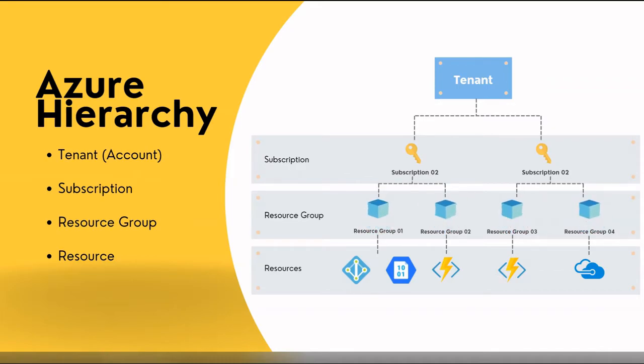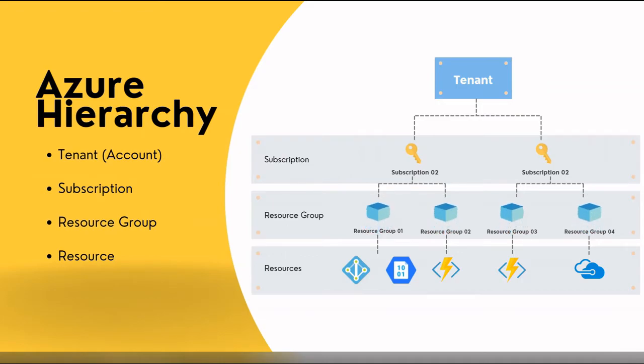When subscribing for an Azure account, Microsoft will assign a default tenant or directory ID for your registered account. Then, under your tenant, we might want to create multiple subscriptions for each department in your organization in order to distinctly isolate the Azure cost, for example. There might be many resource groups under a subscription.